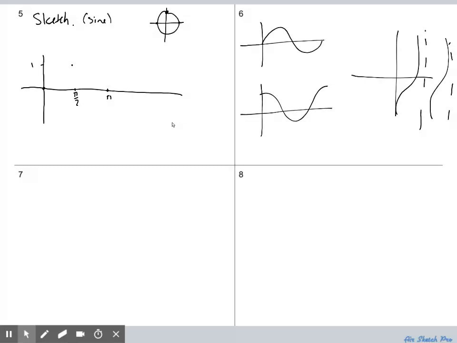The next one is 270 degrees, or 3 pi on 2, sorry, and that's -1, so I'll try to go the same distance downwards. And then back again at 2 pi.